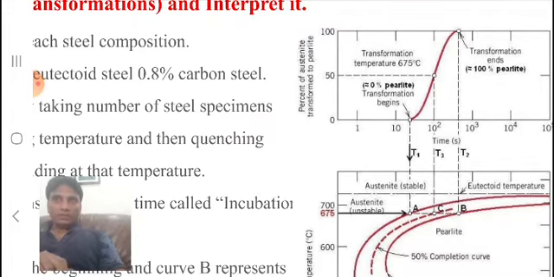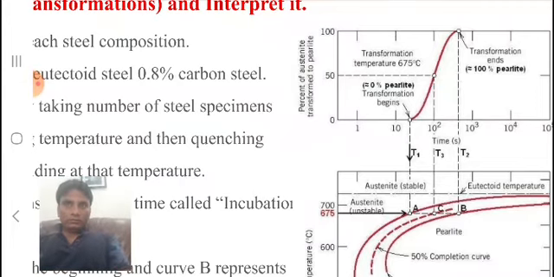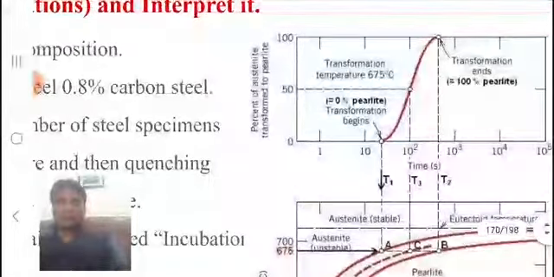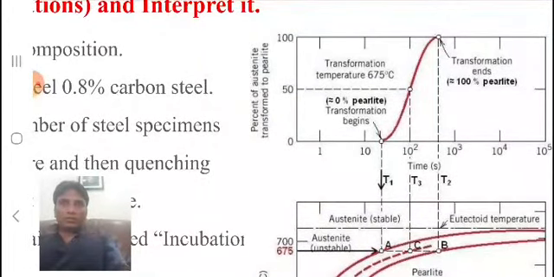Here the transformation begins, the starting of the curve, and the start is drawn downwards so that one point is formed on the TTT curve.